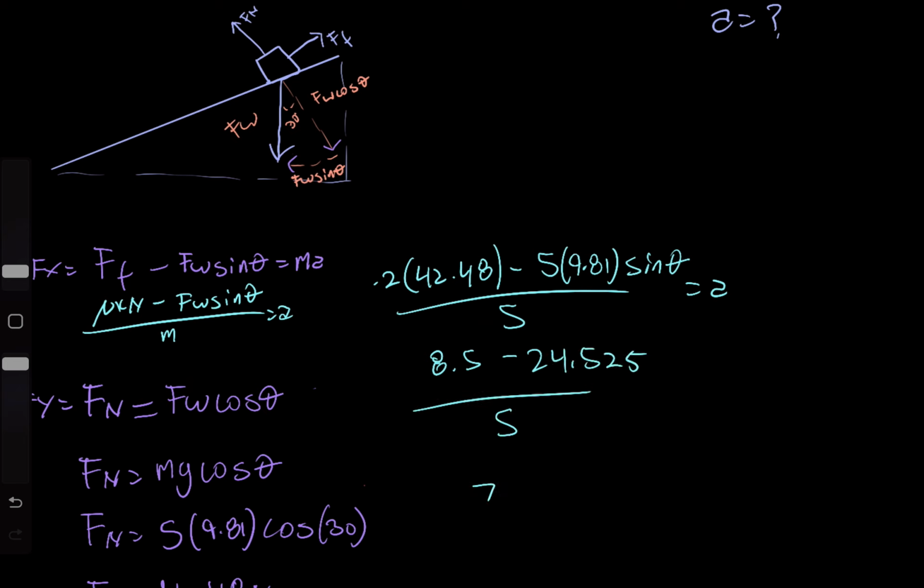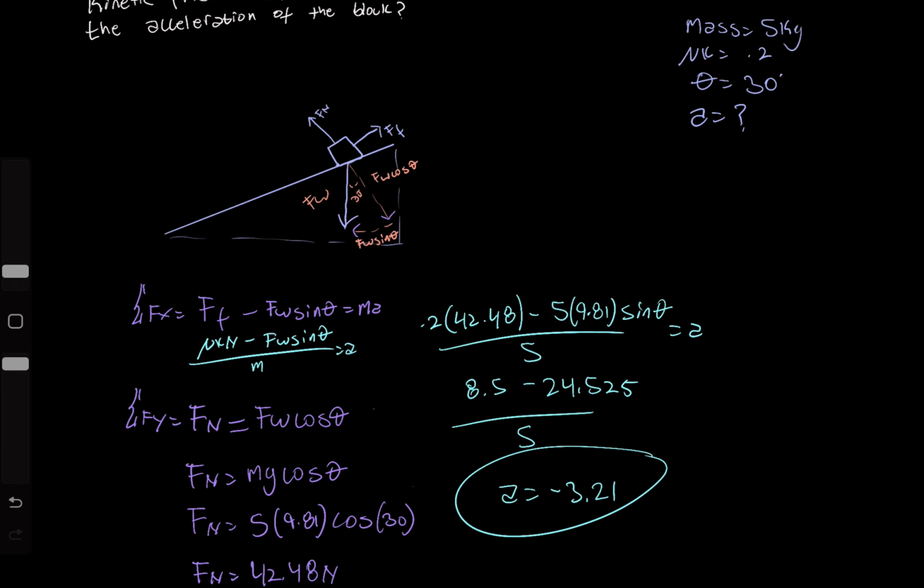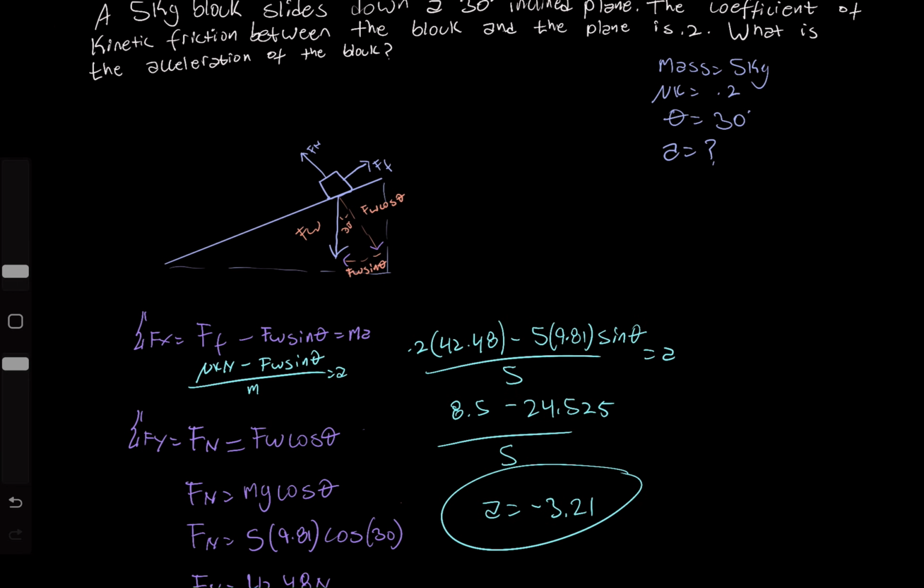Divided by 5. So acceleration is equal to negative 3.21. So the acceleration of the block is negative 3.21.